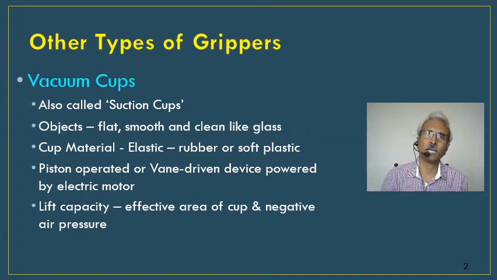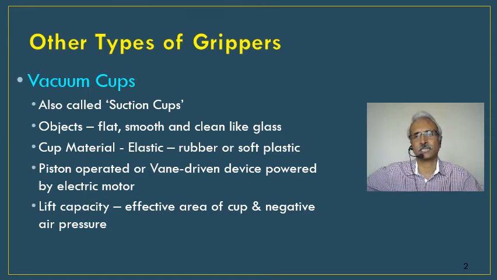How do we handle them, especially glass? Can we use a typical mechanical gripper to hold glass? It's not safe, and in large sizes it can hold only from the ends. So is there some other way by which we can handle large flat objects like glass? That is where your vacuum gripper comes into the picture.